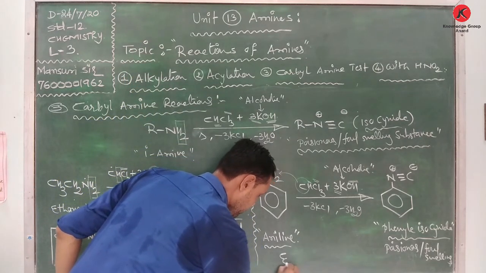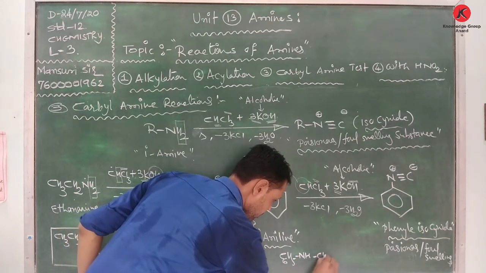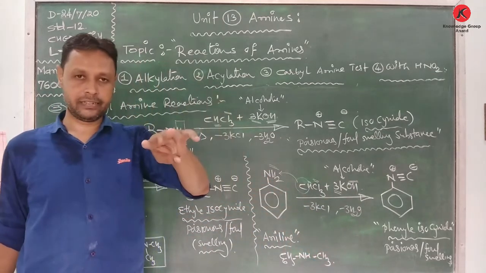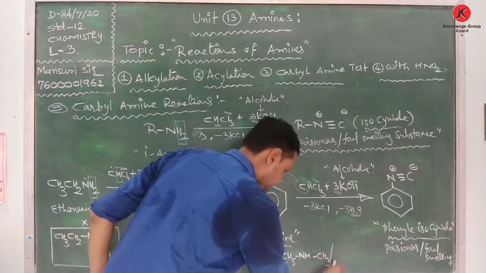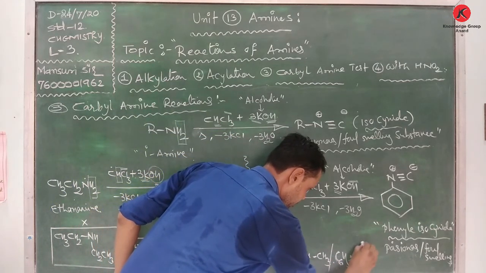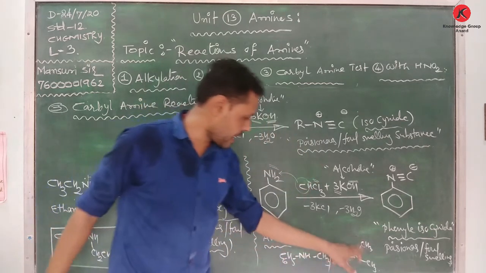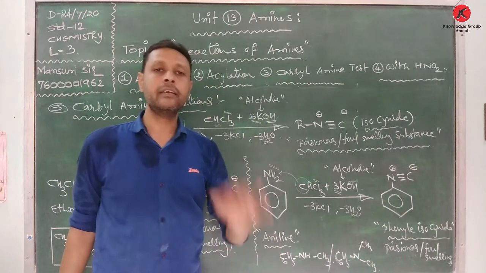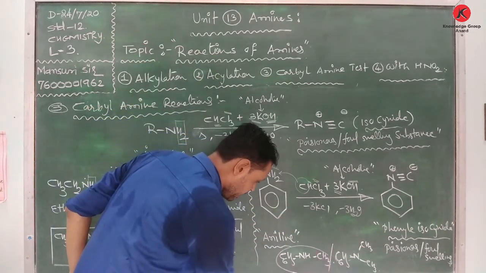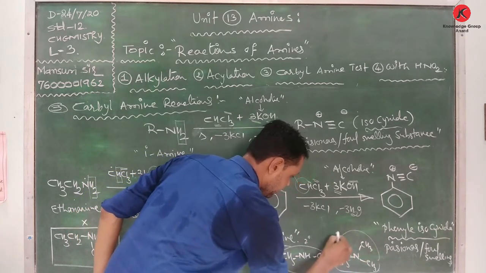If you are taking N-methyl aniline, or in other words N,N-dimethyl aniline, both substances do not give this test, because this is my 2 degree amine, this is my 3 degree amine.